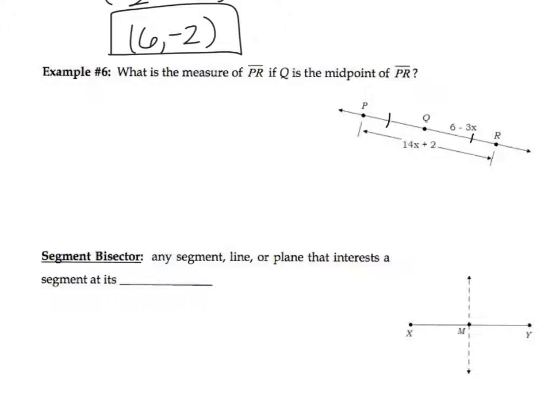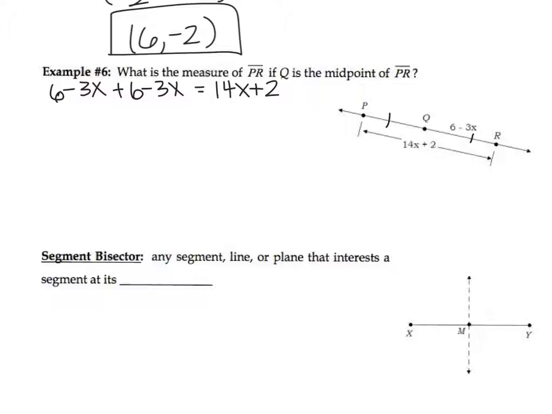And since I only know the length of QR, but I know that PQ is also the same length, I can say 6 minus 3x plus 6 minus 3x is going to equal the length of my whole segment, 14x plus 2. Because Q is the midpoint, I know PQ and QR have to have that same length.